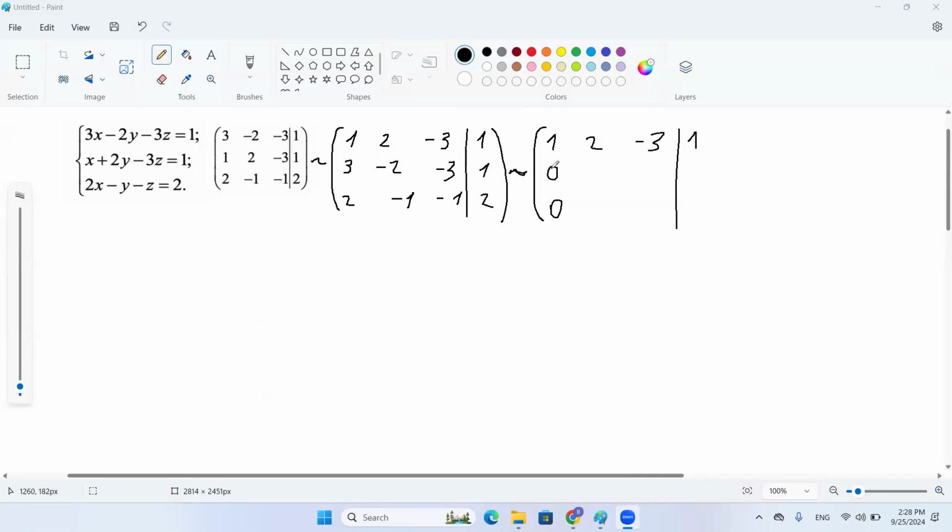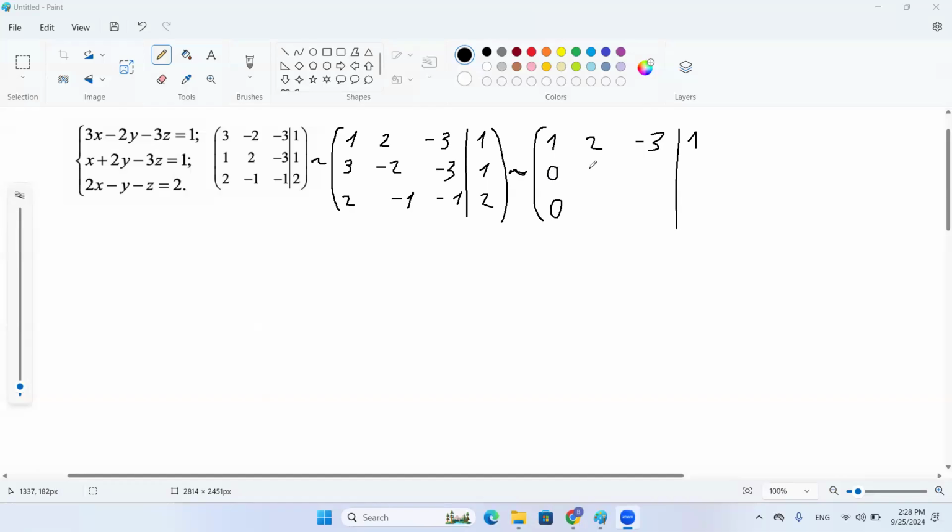So here I have a 0, and how to achieve it? I have to multiply the first row by 3 and then subtract it from the second row. So do you understand the idea? Yes. So that's just how we have 0 here.